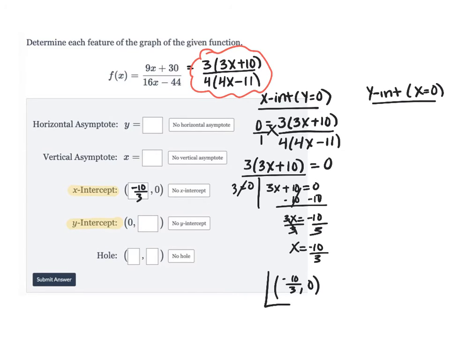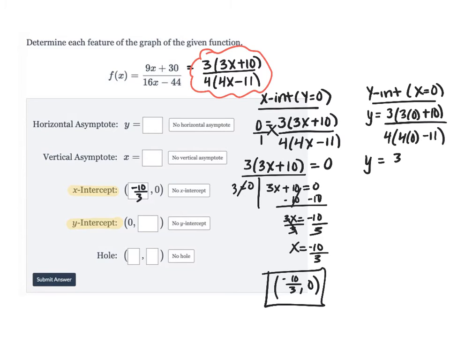And then the y-intercept is found by plugging x into 0. So y equals 3 times 0 plus 10 over 4 times 0 minus 11. So 3 times 10 over 4 times negative 11.